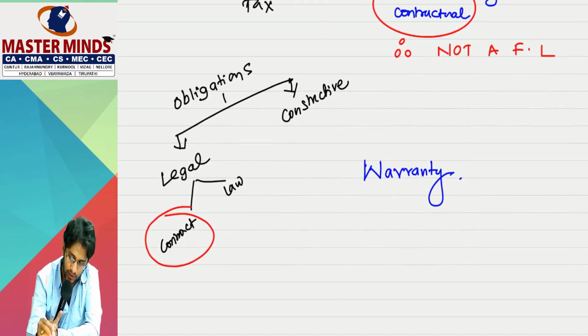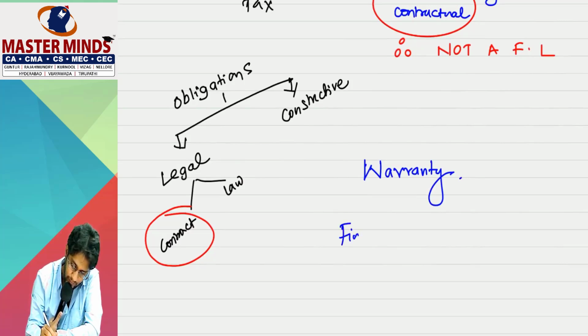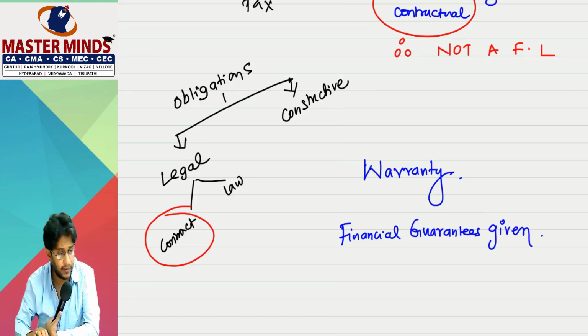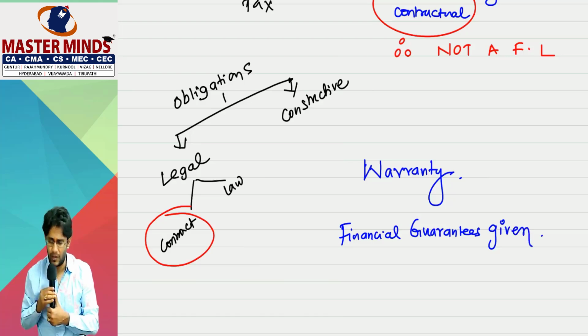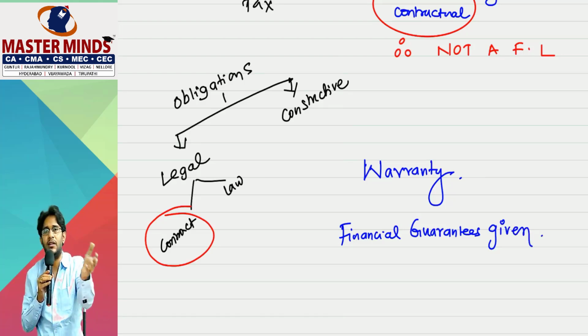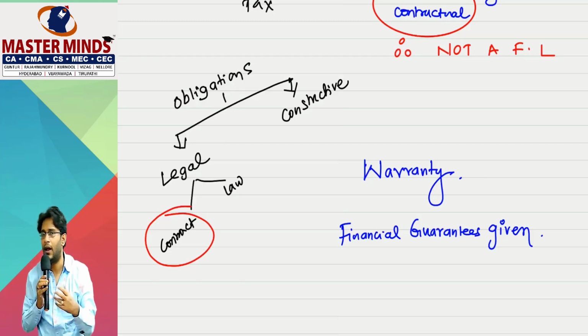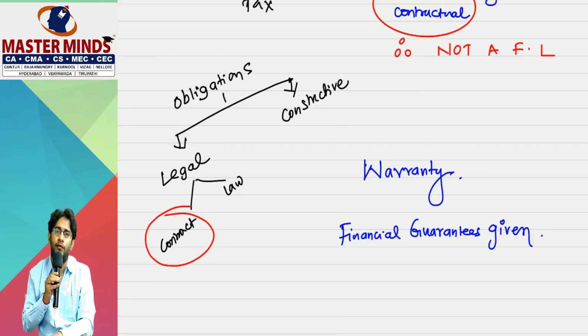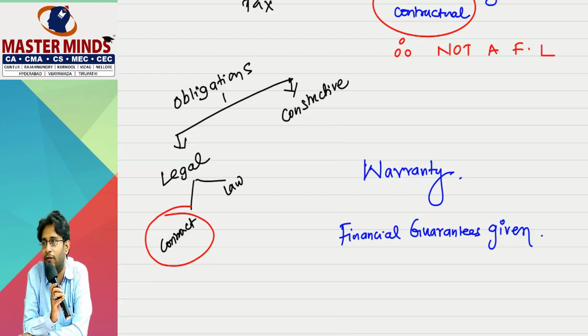Right. Next one. Guess this. Financial guarantee is given. Financial guarantee means normal guarantees. Some Mr. X is taking a loan from ICICI Bank. ICICI Bank told, looking at your face, I'm not feeling like I give you a loan.